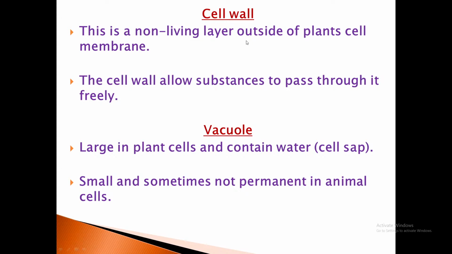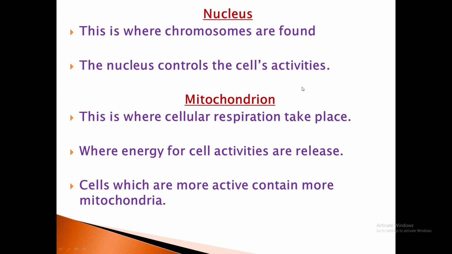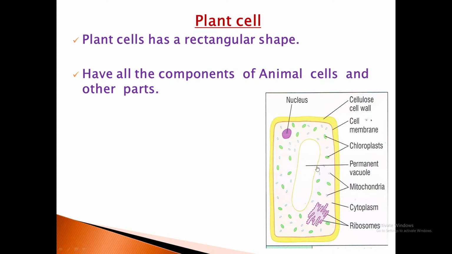Moving down to the next cell component, now we're looking at a vacuole. So large in plant cell and contains water, normally known as cell sap. So in the plant cell, the vacuole is normally large, while in animal cell, the vacuole is normally much smaller. And again, the reason why the vacuole is large in plant cell but small in animal cell is simply because plants normally make their own food.